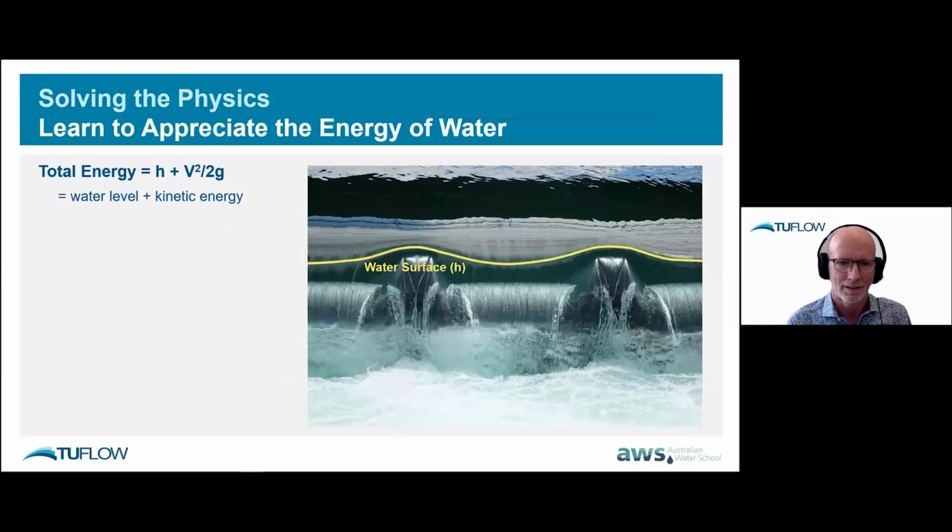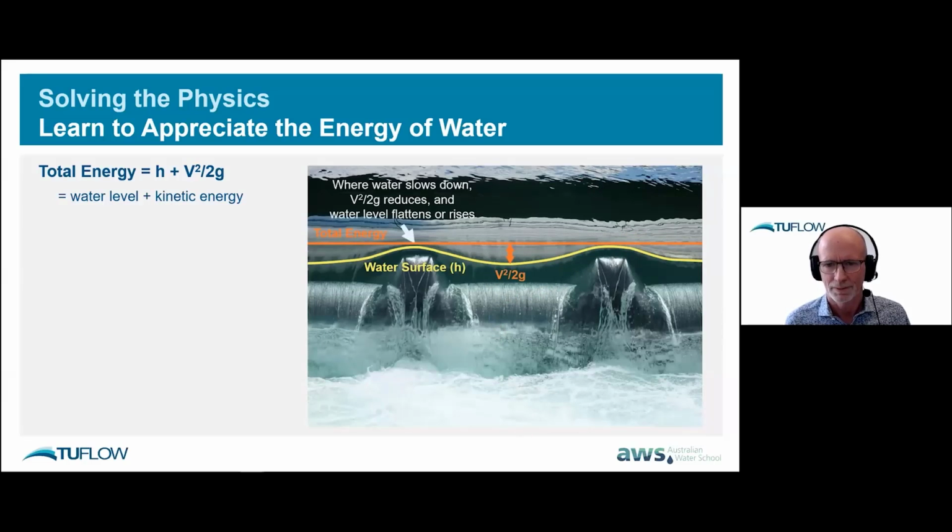The total energy is the water level plus the V squared on 2g, the kinetic energy. What we're seeing here is the water surface slope just before it spills over. There's your total energy, which let's assume is fairly constant, and the difference is the V squared on 2g.